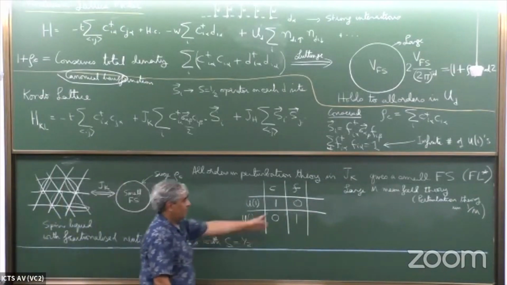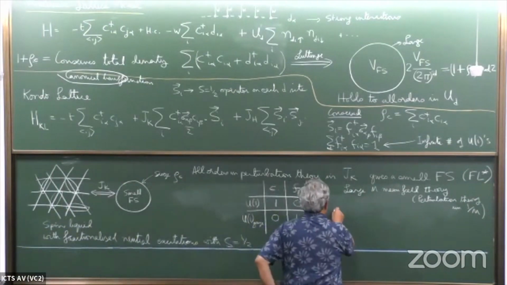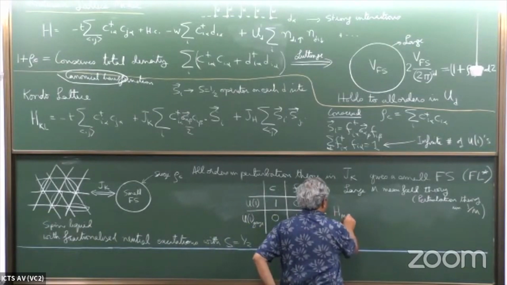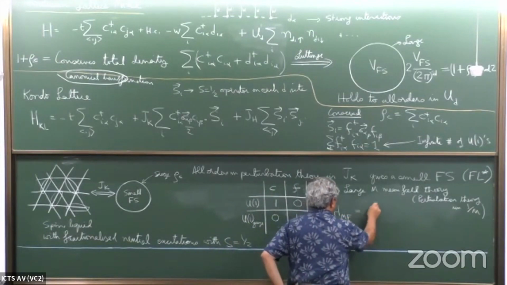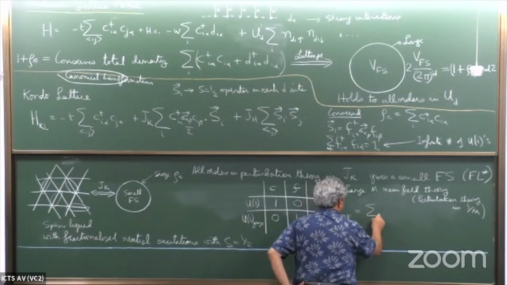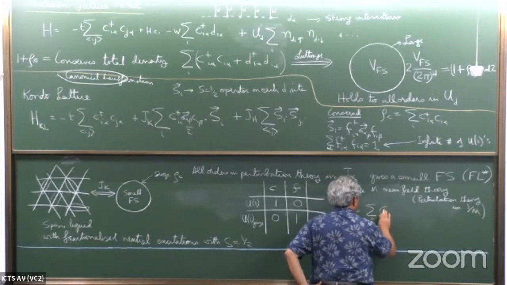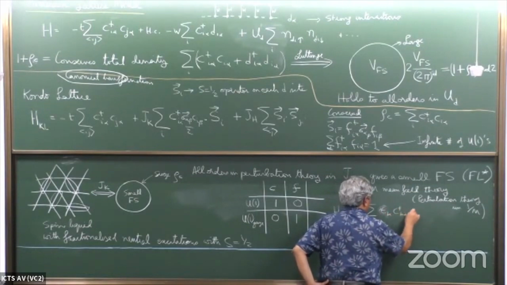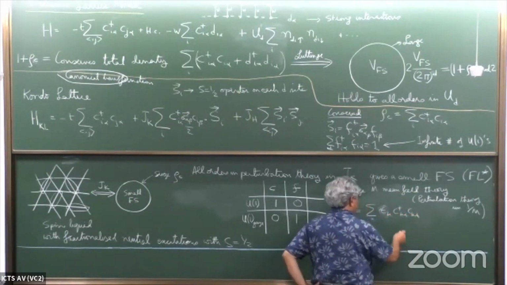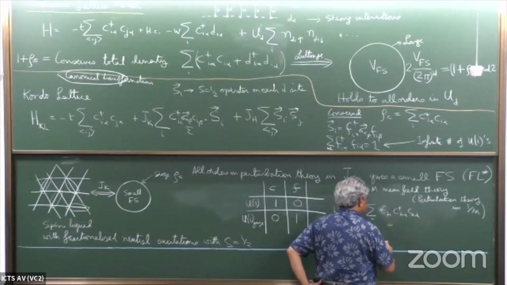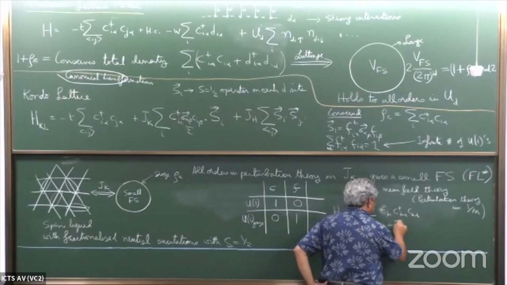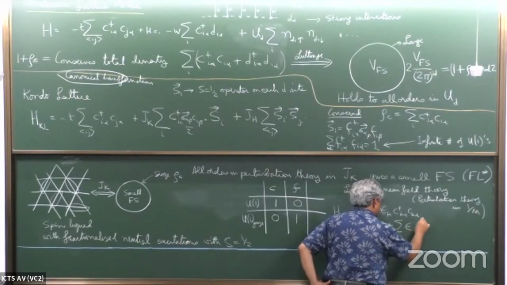Now we do the large M mean field theory. Then we had a mean field Hamiltonian, which had various terms. It has the free electron terms, epsilon k, C dagger k alpha, C k alpha, plus you had some spinon dispersion.